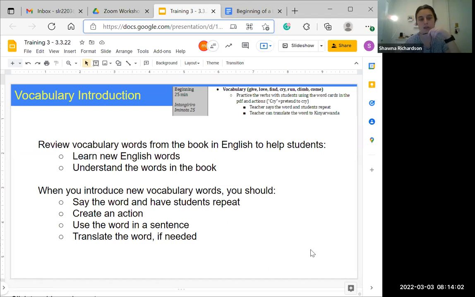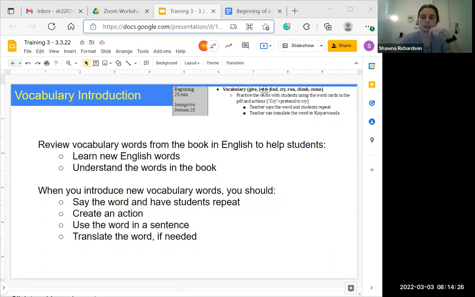So if your students are just learning, this is a good way for them to practice and expand their English vocabulary. It's also helpful because then the students will understand some of the words in the book. So as you're reading, they might see the words that you introduced.